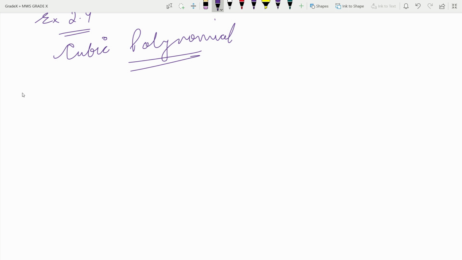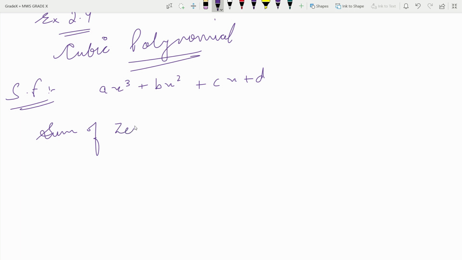First of all, cubic polynomial: ax cube plus bx square plus cx plus d. This is the standard form of a cubic polynomial. Now the first is the sum of zeros. Here the degree is 3, so maximum zeros can be 3.